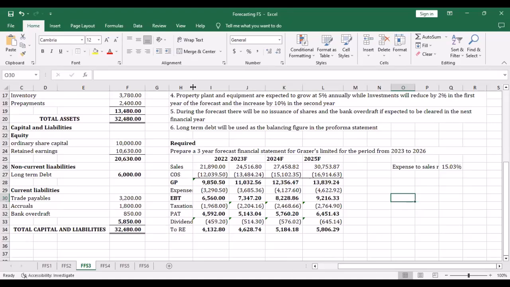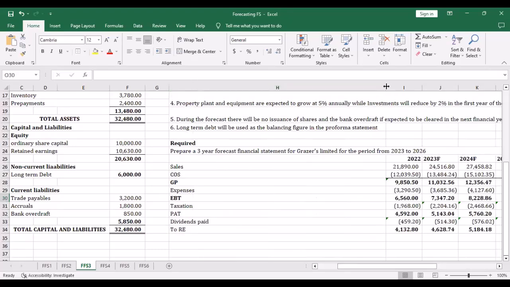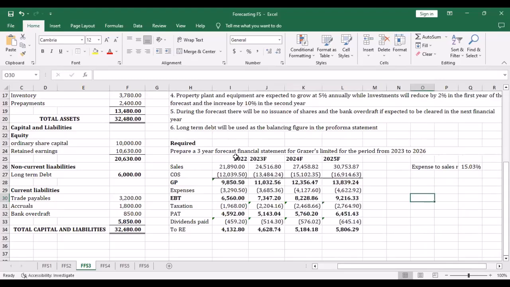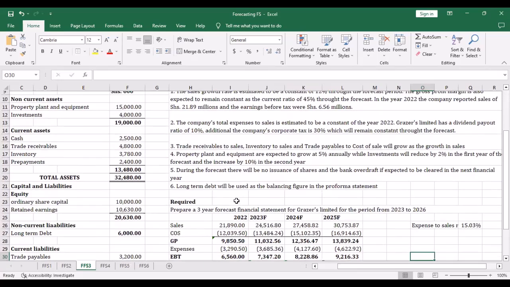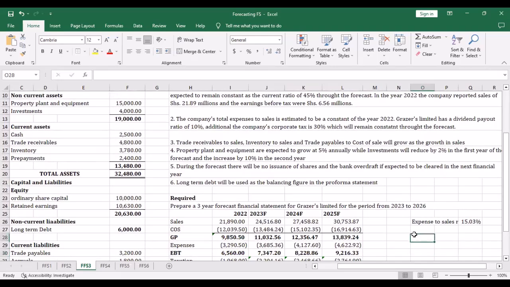But the income statement was not what was required. We were given this, but we had to create the income statement so that we can create this one. Then we'll go to the statement of financial position, the S of P assumptions.